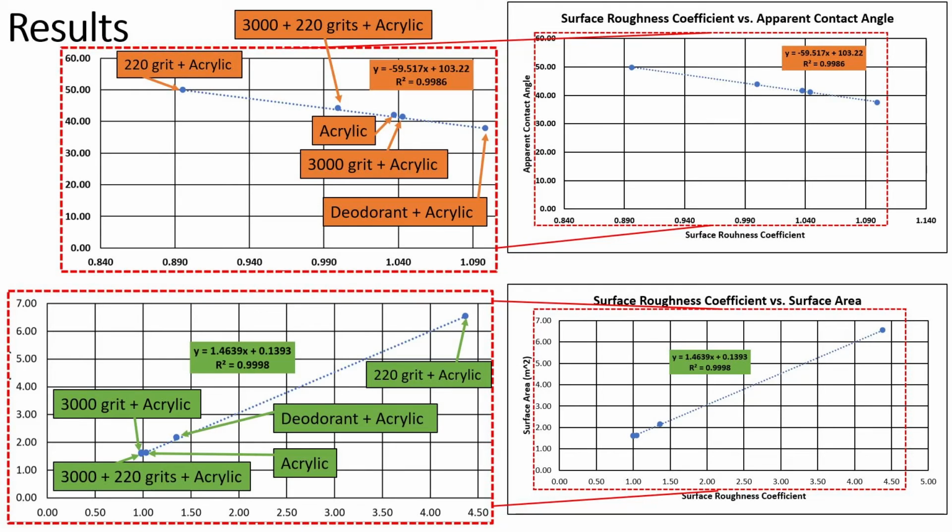This plot makes a little bit more sense than my other graph, since I did notice that the 220 grit with the acrylic material was rougher compared to the other materials that I had, like the deodorants and the 3000 grit acrylic. The acrylic material itself is close to 1, but it wasn't perfectly smoothed out, since I was referencing the 3000 grits and the 220 grits.